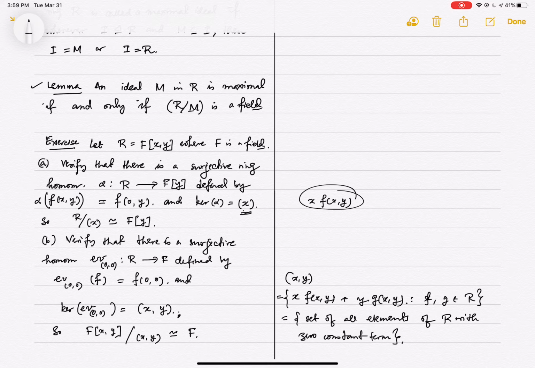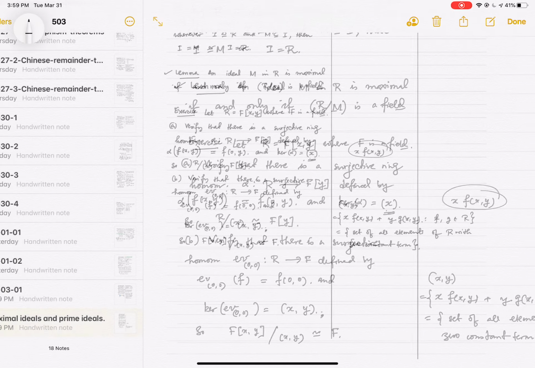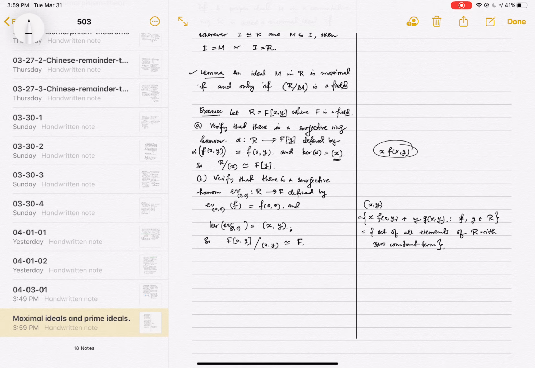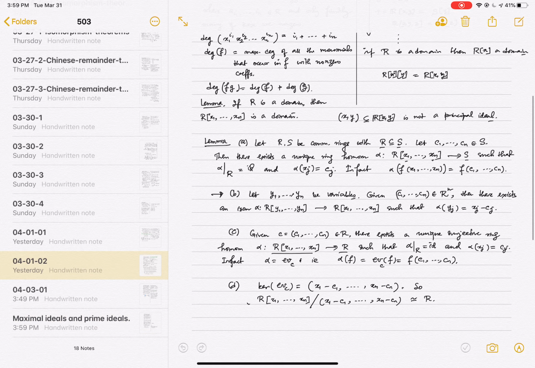And I didn't want to do these exercises one by one, so these exercises are basically the reason why we introduced this big lemma down here last time. If you do this, then you get all these little things for free.